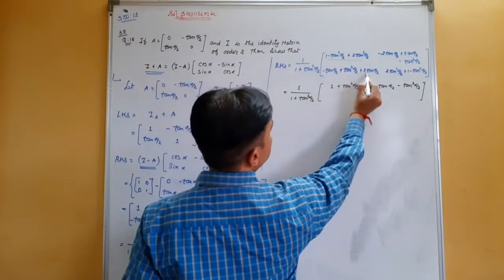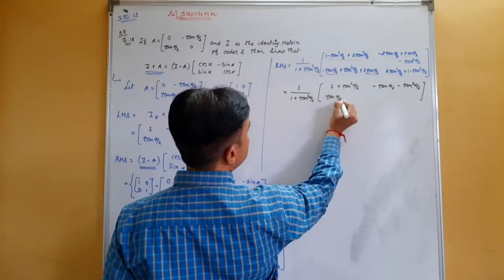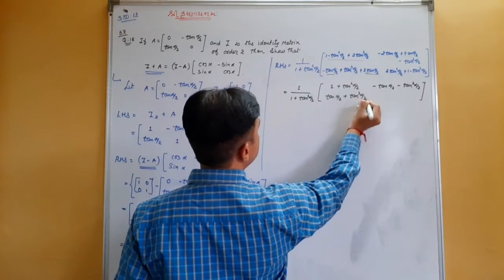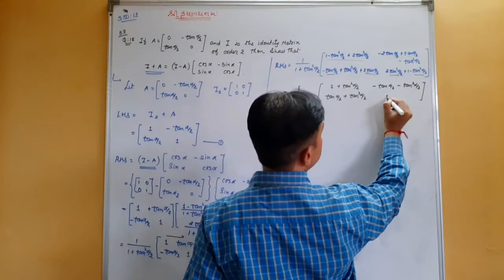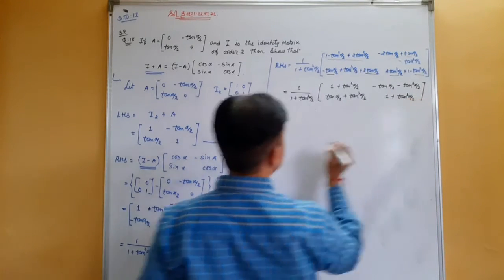Here same way, 2 tan alpha by 2. So positive tan alpha by 2 plus tan cube alpha by 2. And 2 tan square minus tan square. So it is 1 plus tan square alpha by 2.